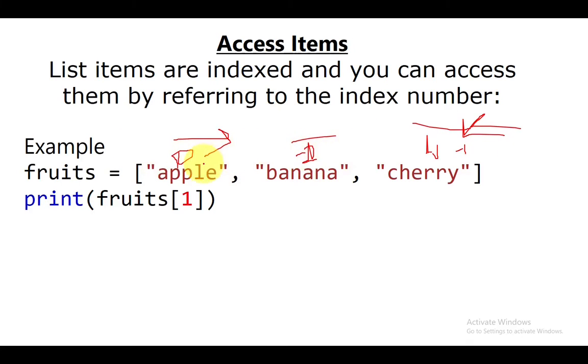So that's how it works if you're counting from the back. So right here, we want to retrieve banana, and the index number of banana is 1. So once we put 1 as the index number and type it in, we'll retrieve our value banana.